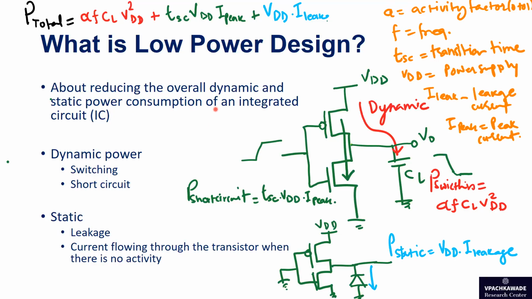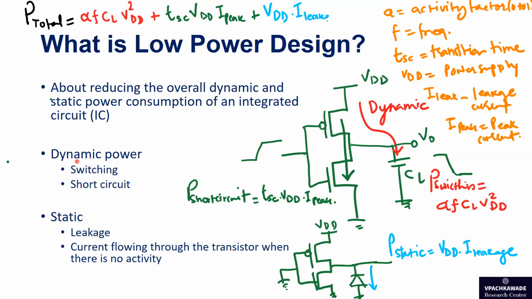Whenever you see any circuit, especially the digital or switching circuit in an IC, there are two types of power: one is called dynamic power and one is called static power. The aim of a designer is to reduce both of these quantities to bring down the overall power in an IC.